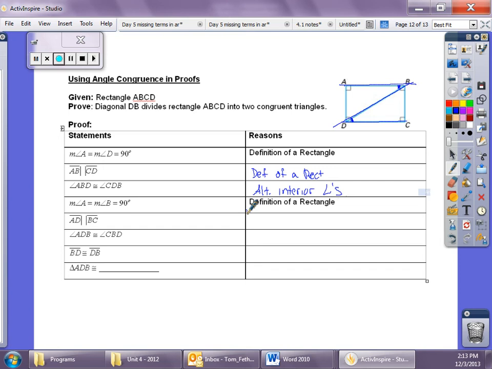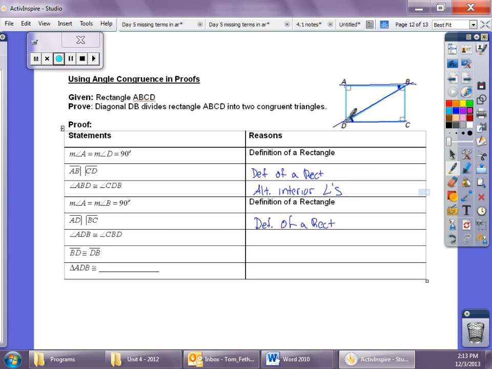And then angle A equals 90, angle B equals 90, definition of a rectangle. AD is parallel to BC, definition of a rectangle. Opposite sides are parallel. And then it says angle ADB.